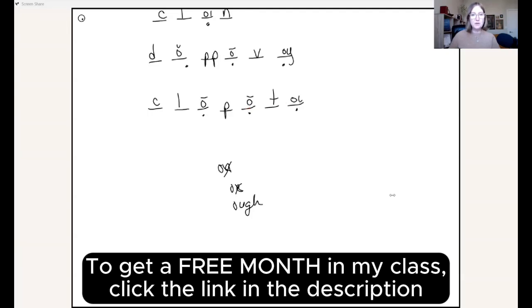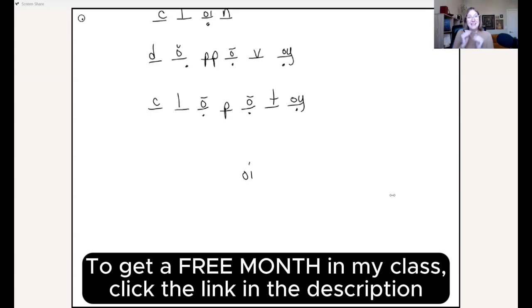Oy at the end of words is spelled O-Y. And you know what? That one is an always rule. We don't have very many always rules in English. But you're never going to see an OI at the end of words. OY will always be how you spell oi at the end.